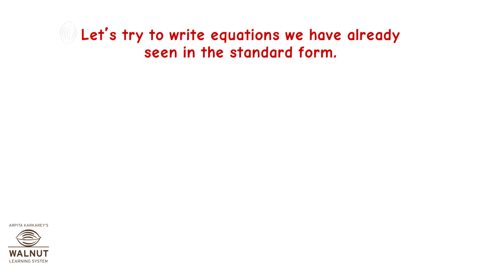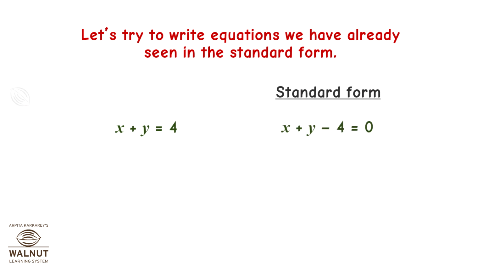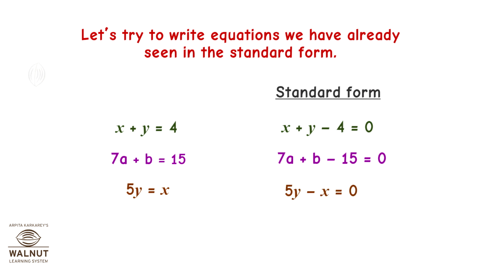Let's try to write equations we have already seen in the standard form. X plus y is equal to 4 and the standard form is x plus y minus 4 is equal to 0. 7a plus b is equal to 15 and the standard form is 7a plus b minus 15 is equal to 0. 5y is equal to x and the standard form is 5y minus x is equal to 0.